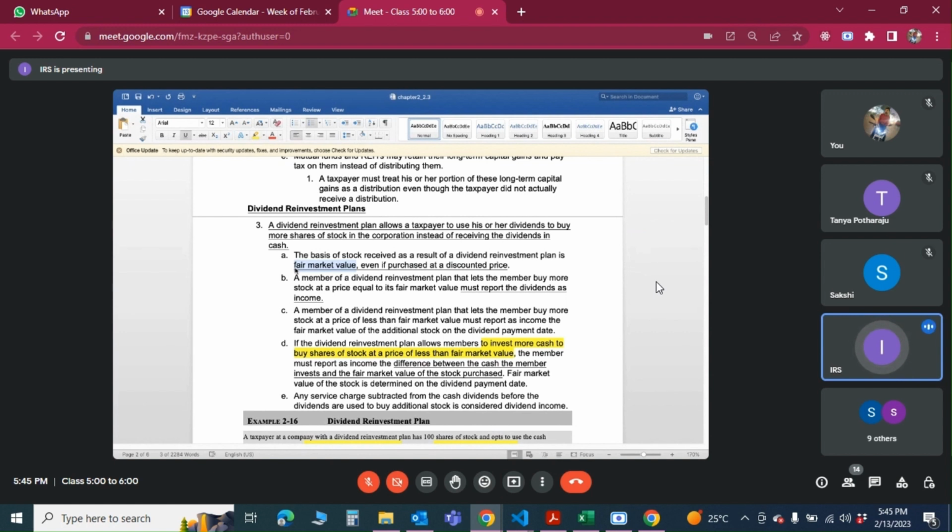So now your total investment in the company will become $112,000, even though the dividend reinvested is only $10,000. So the difference between fair market value and what you're investing is considered a benefit given to the taxpayer, and that has to be considered as taxable.